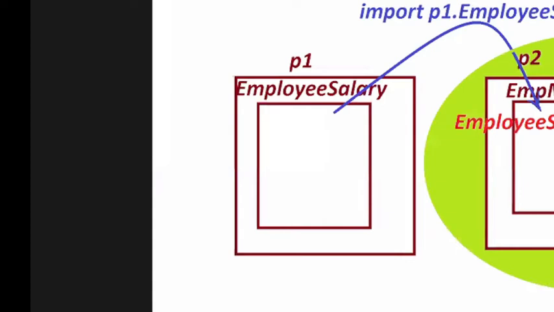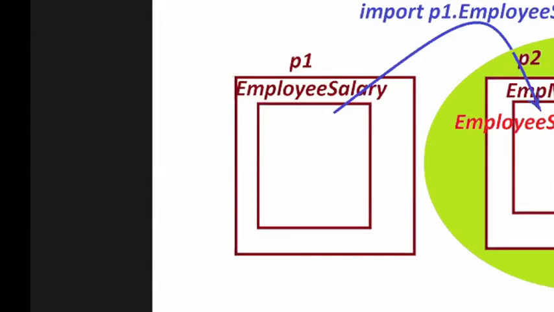Inside that main class, employee ES is equal to new employee. Now, as a compiler, I look whether the employee class is available to this P2 or not. I'll cross check it. In the process of cross checking, you have written one statement, import P1 dot.